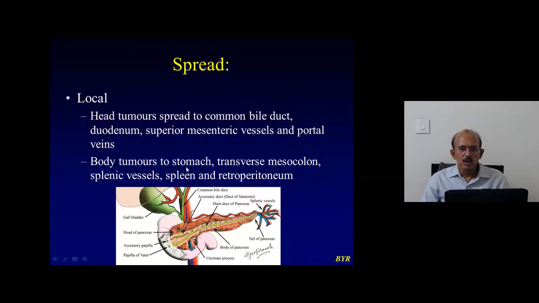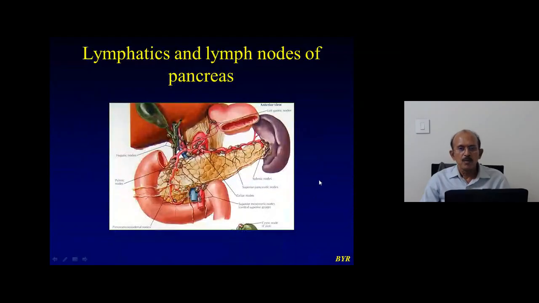Okay, the body tumor spreads to the stomach, transverse mesocolon, splenic vessels, spleen, and retroperitoneum. Now the lymphatics and lymph nodes. Around all the vessels like the gastroduodenal artery and the superior and inferior pancreatoduodenal arteries, the lymph nodes are there.